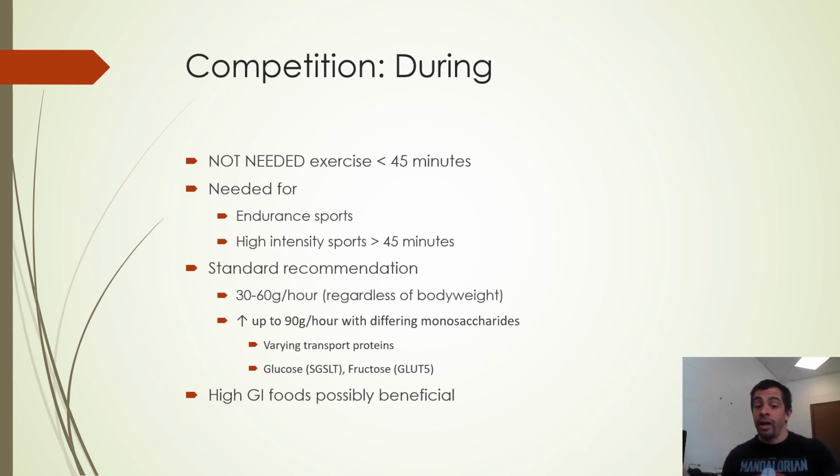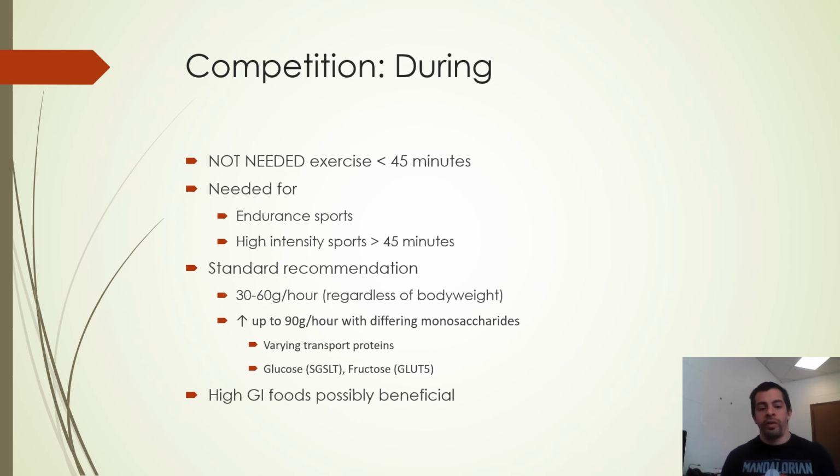Fructose uses GLUT5. So if we have a combination of glucose and fructose as our during-competition supplement, you may be able to ingest more than 60 grams, up to 90 grams per hour. This has been researched. It's actually kind of cool.